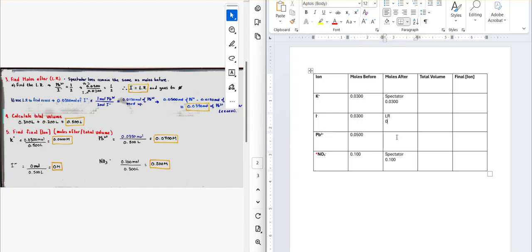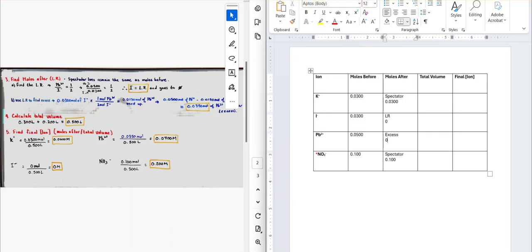There's no iodide left. For my lead, I have to use my original amount of my limiting reagent, which was 0.03, times my ratio to figure out how much lead was used up. When I figure out how much lead was used up, I'm going to subtract that from my original amount and figure out that I have 0.035. So this is the excess.